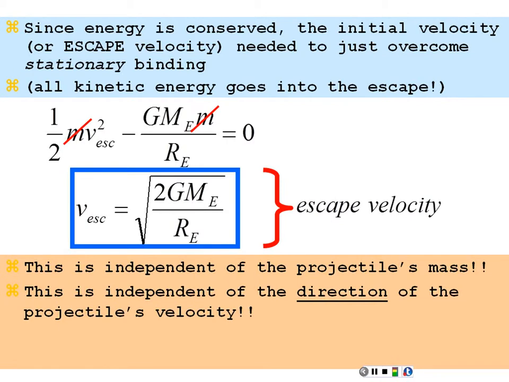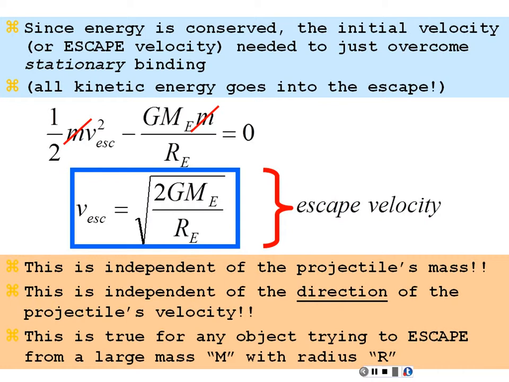If you can use the speed of the Earth spinning, that will give you less energy that you need in order to escape the Earth later on, because you can use that kinetic energy of the spin in your launch. Hence, the French shoot from French Guiana, which is closer to the equator than, say, the country of France itself. This escape velocity is true for any object trying to escape from any large mass of radius r.